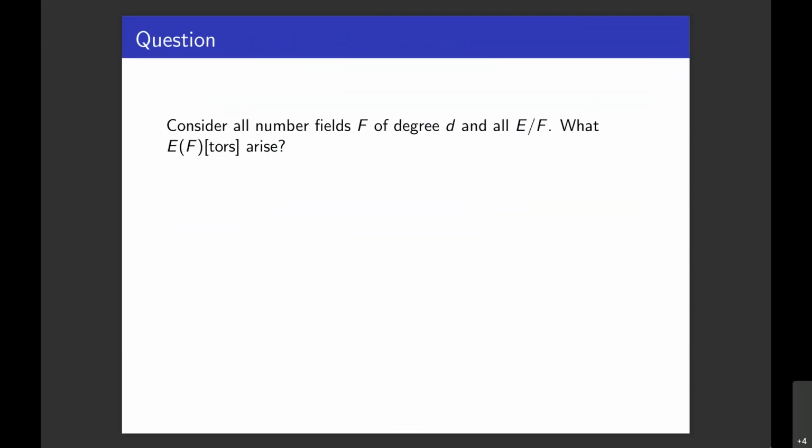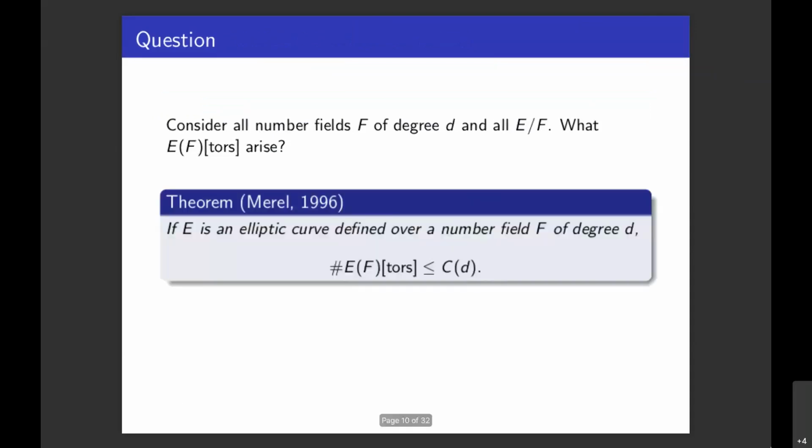But we'd like to consider all number fields and what other classifications we have. In 1996, Merel proved that if we consider all elliptic curves E defined over F, and we allow F to vary over all number fields of fixed degree d, then only finitely many groups arise as torsion subgroups.